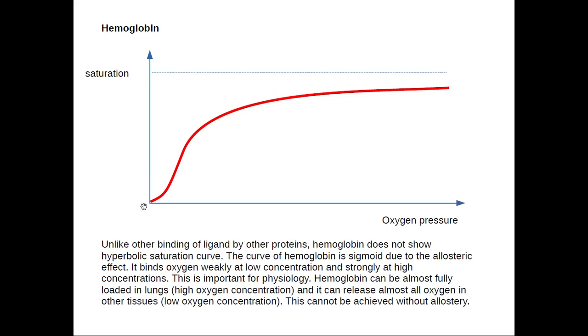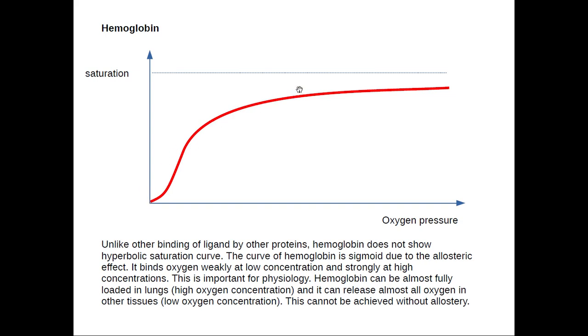But usually this curve is hyperbolic, so there is no sigmoid shape. There is no curve that goes slowly up, then a little bit quicker, faster up, and then again slows down the increase. It's just monotonic.